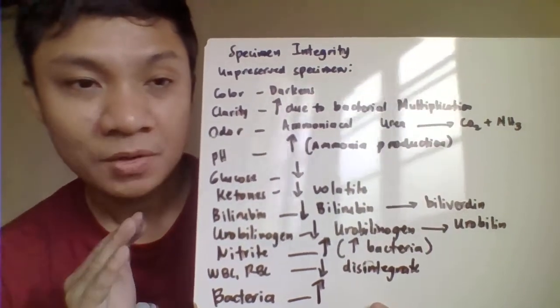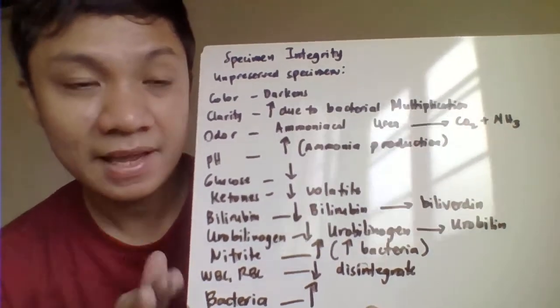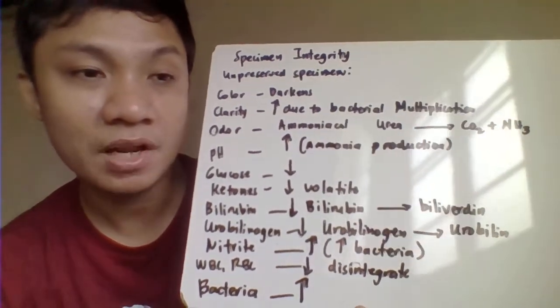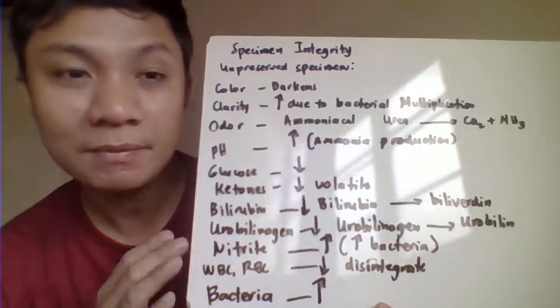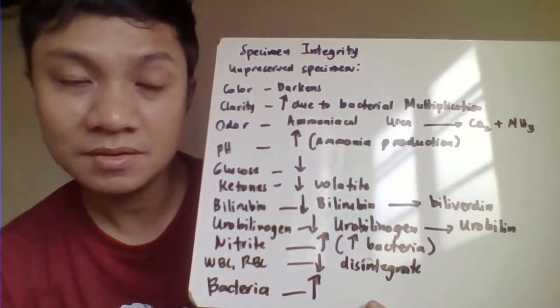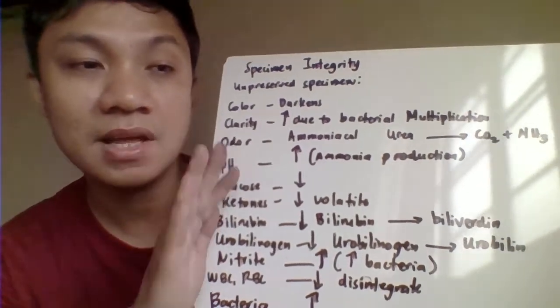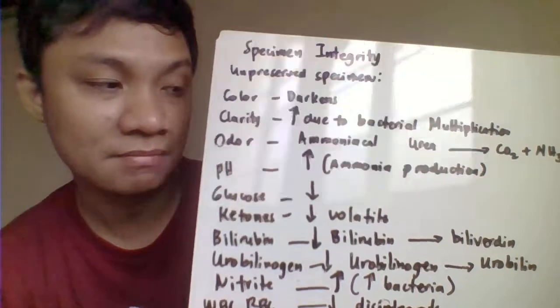That's why we need to deliver the specimen within 2 hours of the collection process. Again, pag hindi na-deliver ang specimen within 2 hours of collection, then you need to reject the specimen. Okay, so tanungin mo, pag nag-deliver ang patient ng specimen, kailan siya na-collect. If that one is more than 2 hours, then you instruct the patient to recollect the specimen.